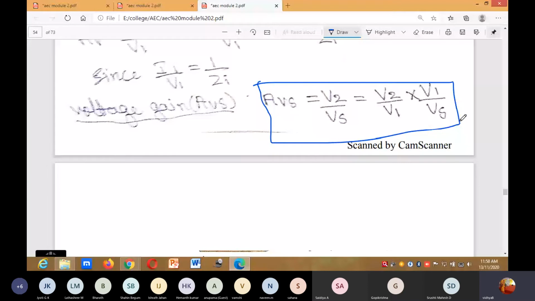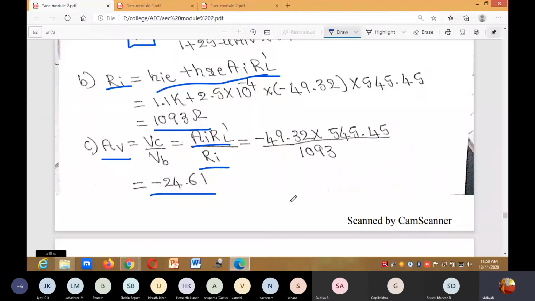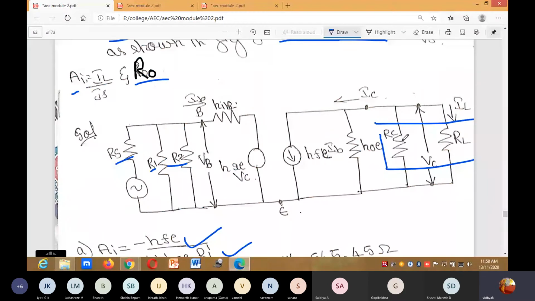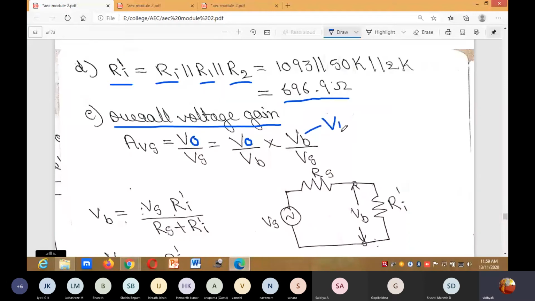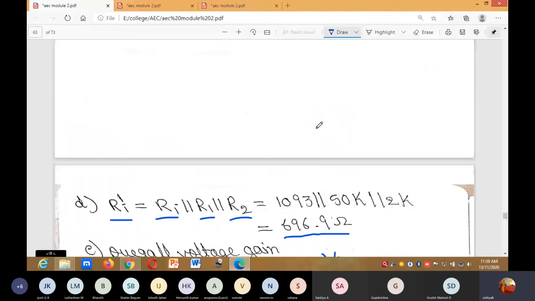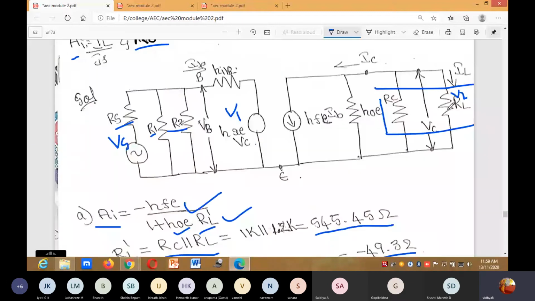You can observe the figure here. Here we can write: this is V1, and when you compare, this is V1, this is V2 and this is Vs. They have written V2 divided by V1, V1 divided by Vs. Here, instead of V, they have written V0.